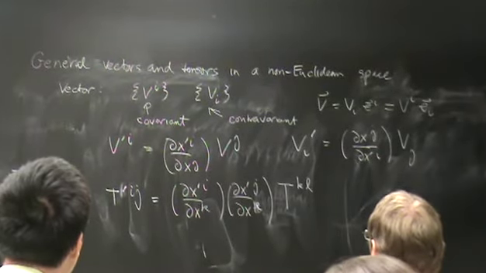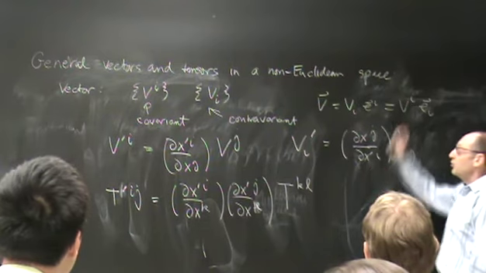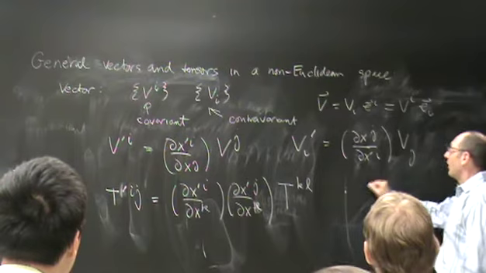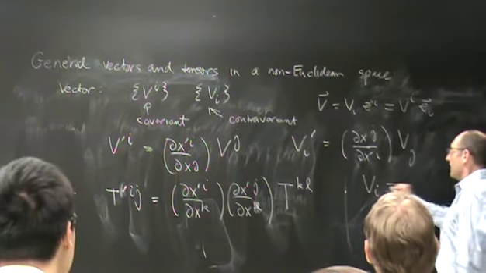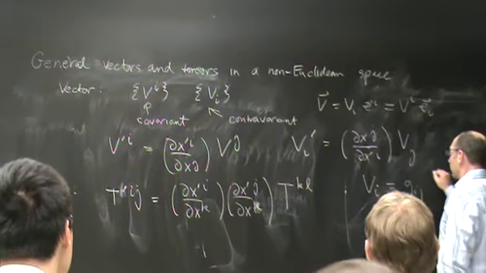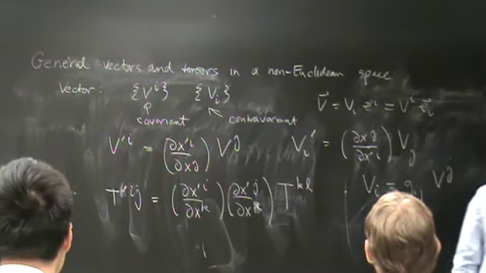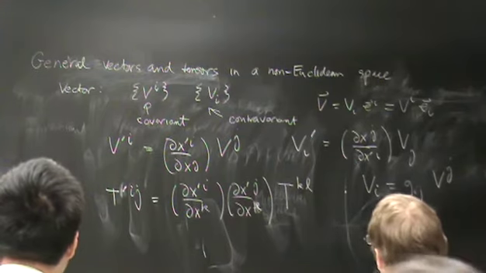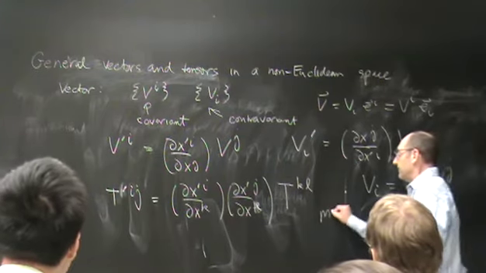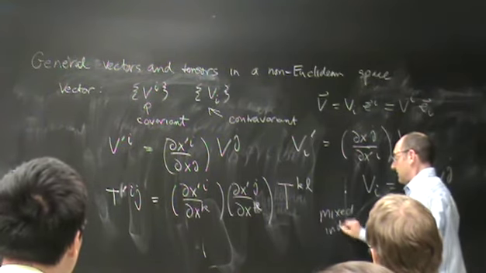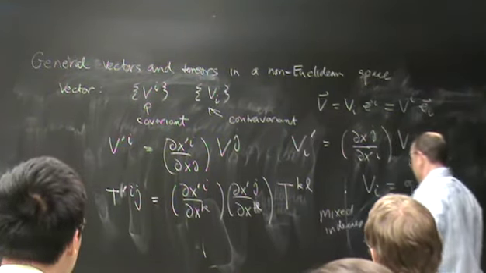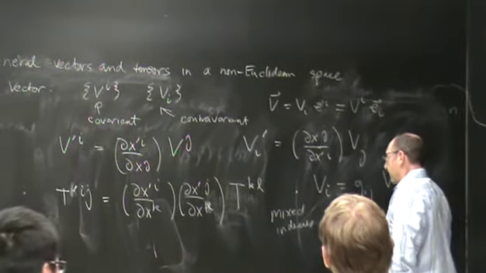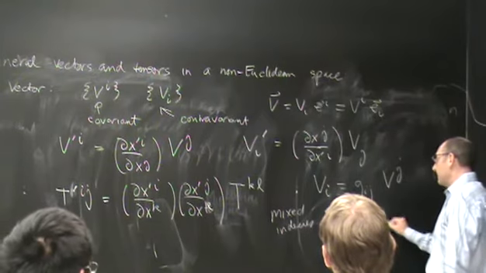We can also have a way of going between up and down indices. So as before, Vi is the metric tensor times Vj with the upper index. I can talk about mixed index tensors with one lower index and one upper index.